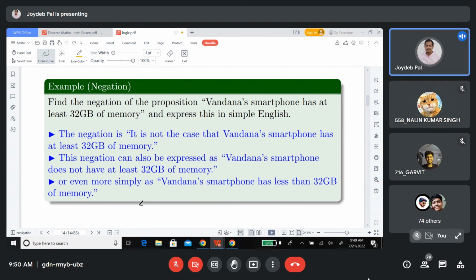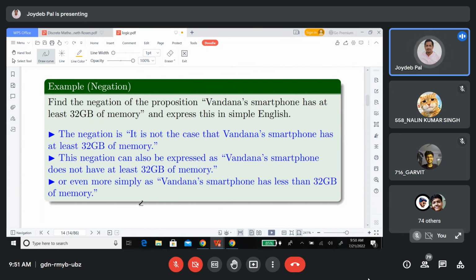Okay, now see, there is another way to write the negation. Not only these two ways, I can write it this way also: Vandana's smartphone has less than 32 GB of memory. Here it was written at least 32 GB of memory. I did not use not here, still it is the negation. At least means what?